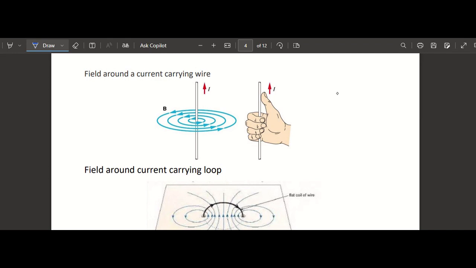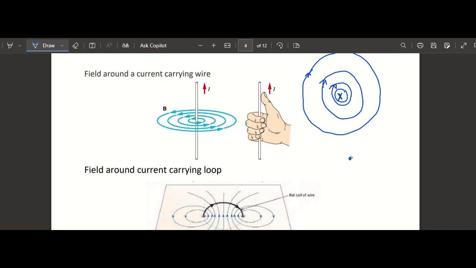If the current is going into the plane, we draw a cross, and we can draw circles around it, with the gap increasing like this. This is the magnetic field line pattern. If the current is coming out, the direction of the lines will be the opposite.